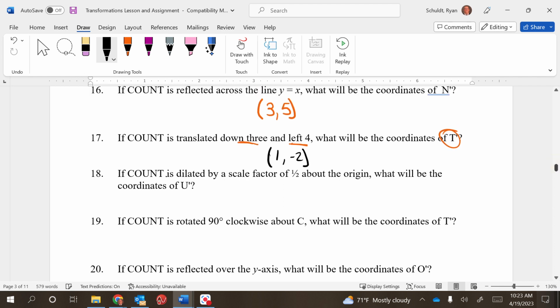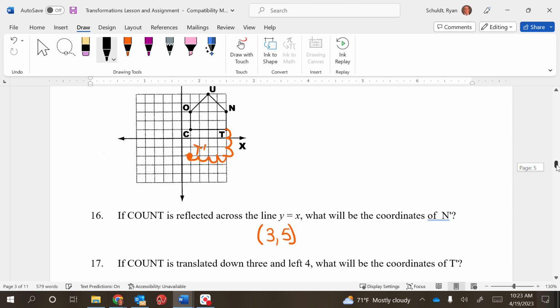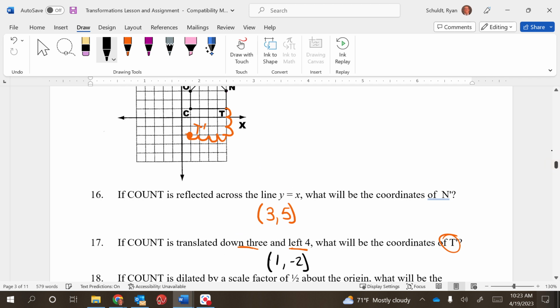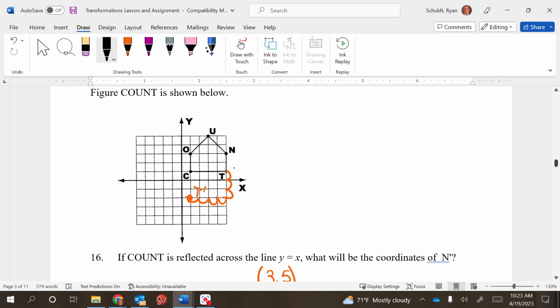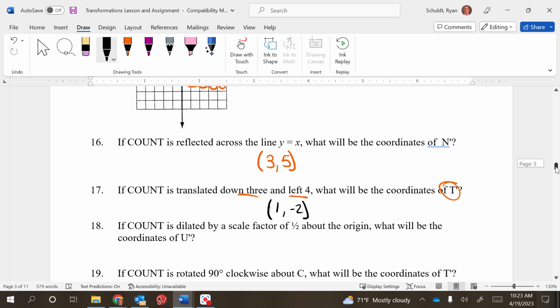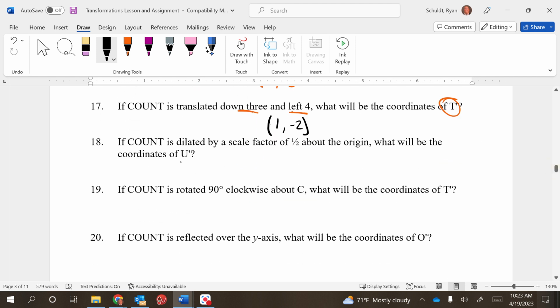If count is dilated by a scale factor of 1/2 about the origin, what will be the coordinates of U prime? Well, U is at 3, what is it? 1, 2, 3, 4, 5. U is at 3, 5.